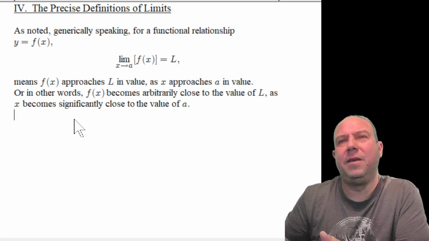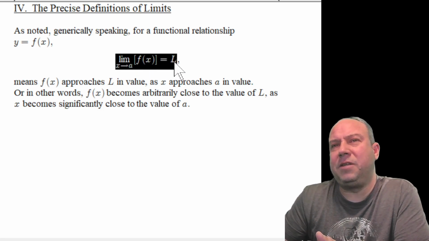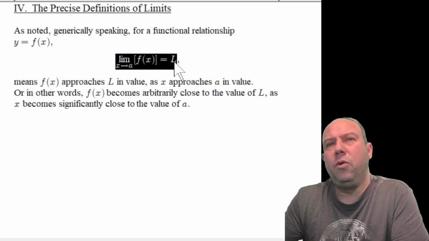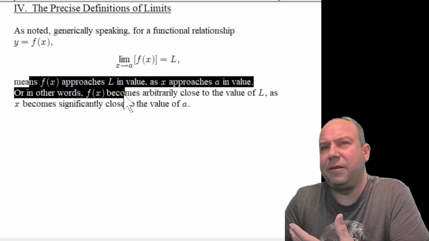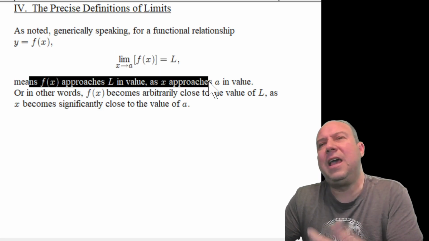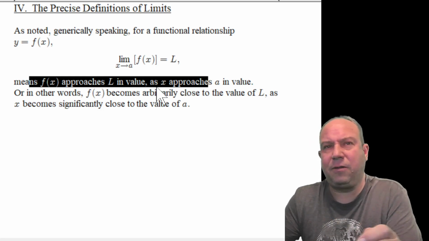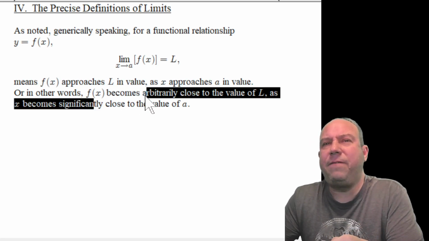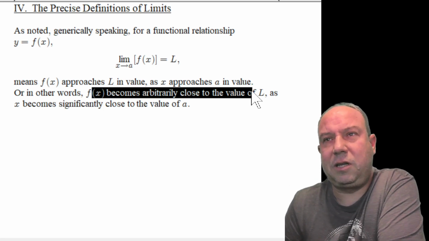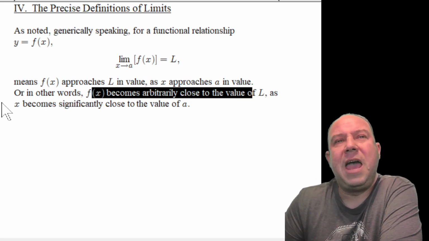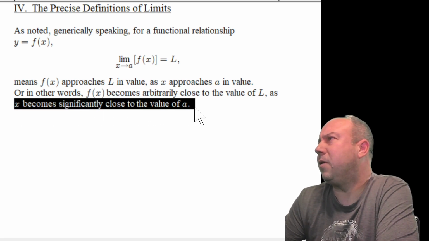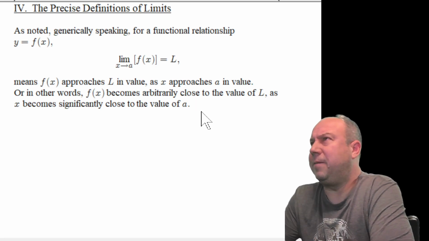This statement, the limit as x approaches a for f of x equaling L, we've kind of had this understanding that basically f of x gets close to L as x gets close to a in value, or as f of x becomes arbitrarily close to L in value as x becomes sufficiently close to a in value. This has been our generic understanding, right?